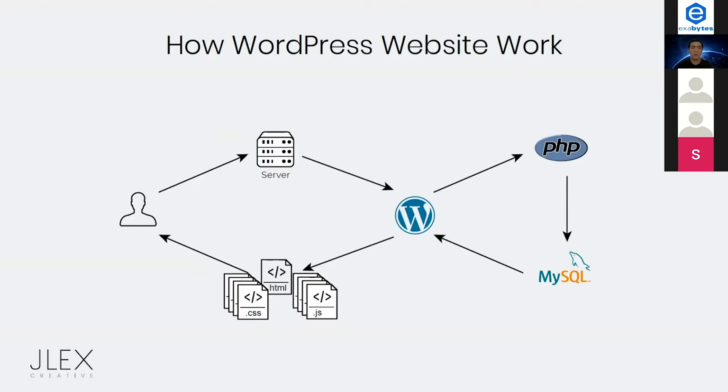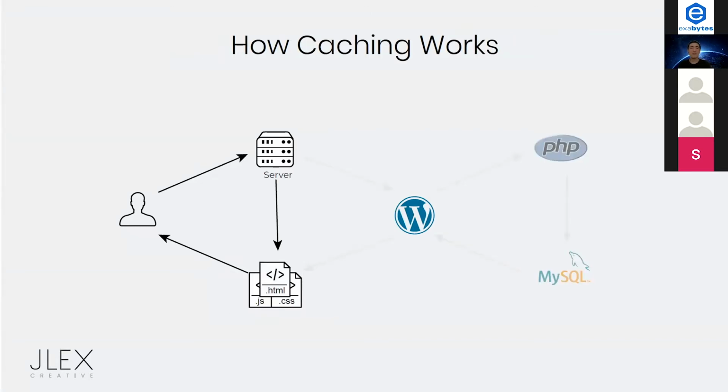Okay, so what we're trying to do is use caching mechanisms and optimizations. We basically reduce the workload: the user requests the server, and the server has already cached all the files and just serves everything directly to you without going back through the whole process of requesting all the WordPress files, okay?